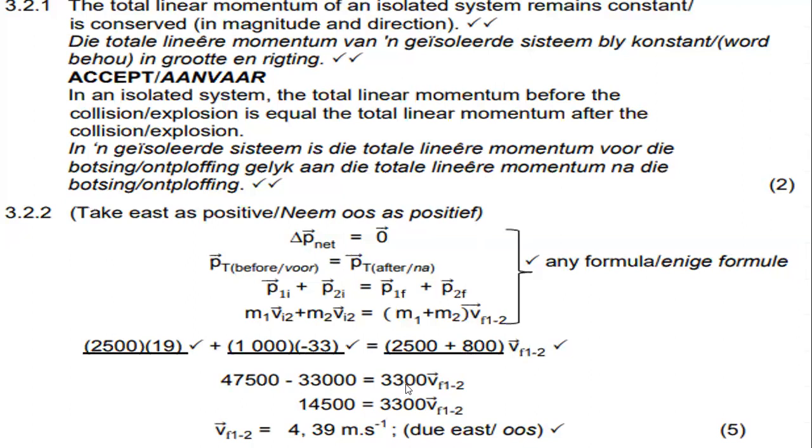So that value becomes 3,500. Then to get the final answer, you take 14,500 and divide by 3,500. That will then give you 4,14 meters per second. Are we together? Right. Then we move to the next question.